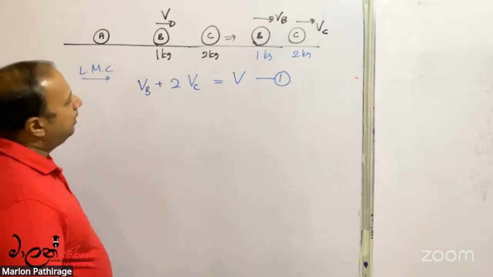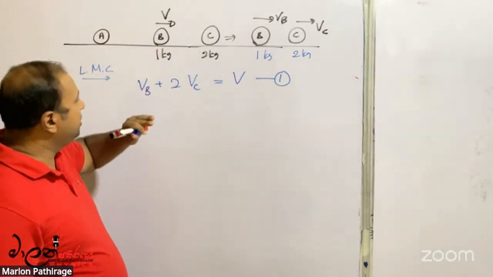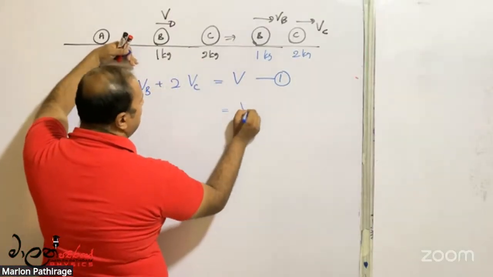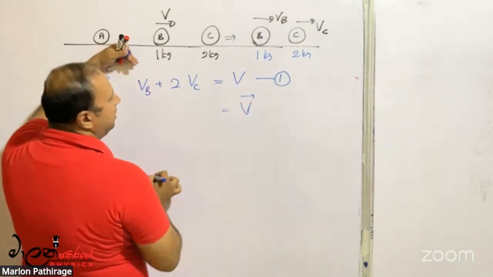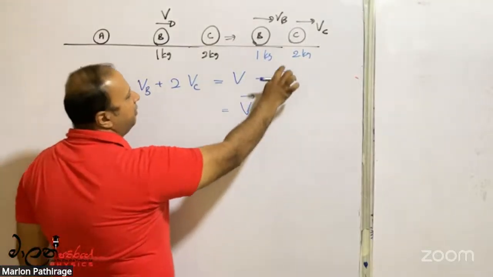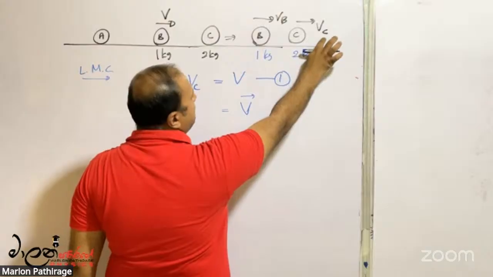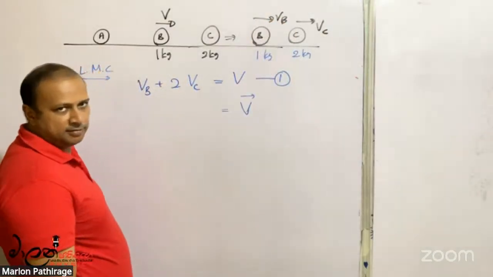Then, consider the relative velocity of approach, which is equal to V. Then, relative velocity of separation means VC minus VB.